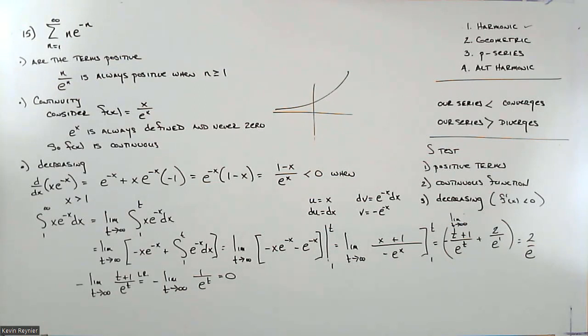Okay, so that's number 15 from 8.3. So it converges by the integral test because our integral converged to 2 over e. All right. Okay, so that's 15. Let's go ahead and erase this one now.